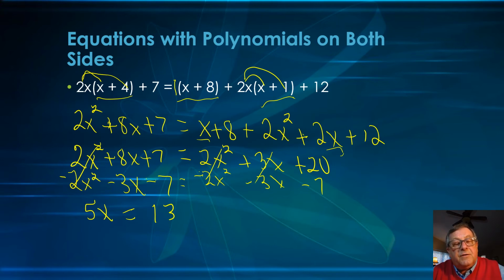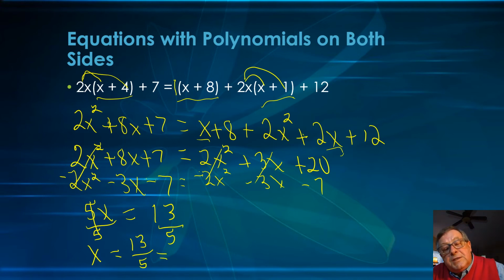Well, that's 5 times x, so the inverse of that multiplication is division. So let's divide both sides by 5. That's going to cancel, just leaving me x. And this is 13 over 5. And I could simplify that a couple of ways. Let's see, 5 will go into 13 2 times with 3 left over.